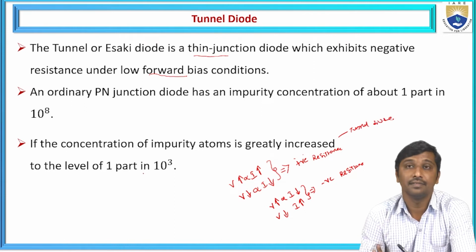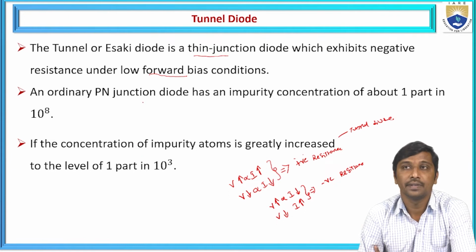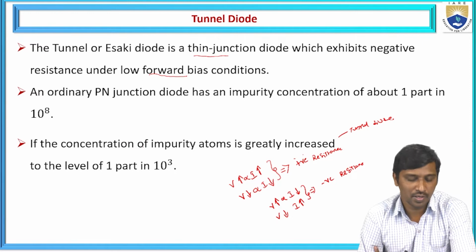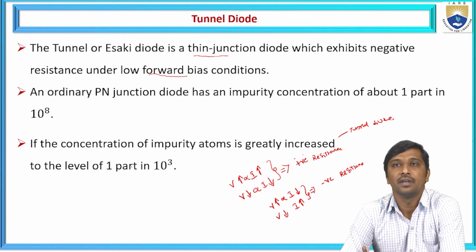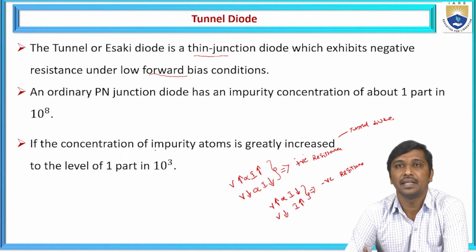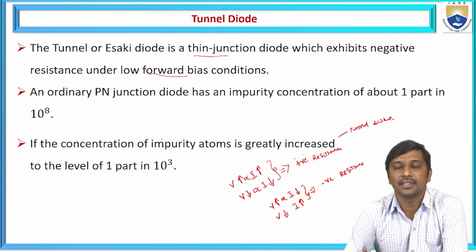So this is the basic difference between a normal PN junction diode and a tunnel diode. Here also, in a tunnel diode, we are going to use P-type material and N-type material. But how can we differentiate whether it belongs to a normal PN junction diode or to a tunnel diode?